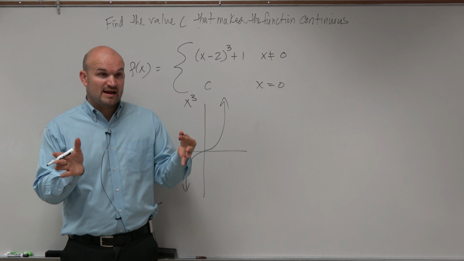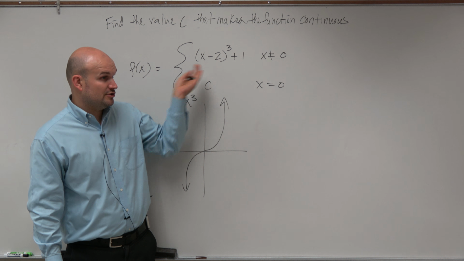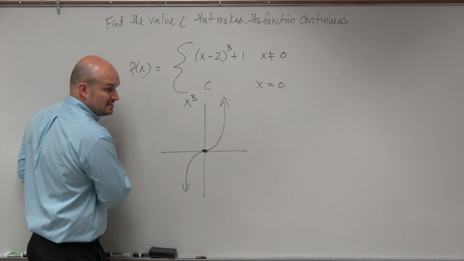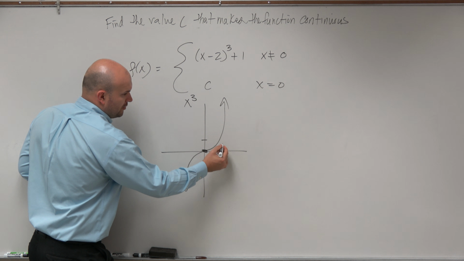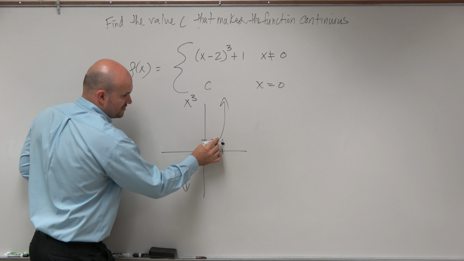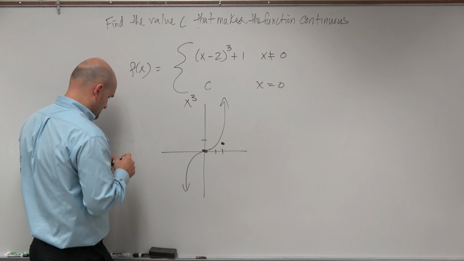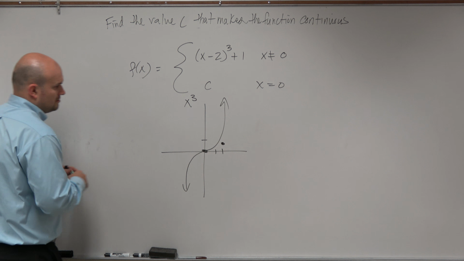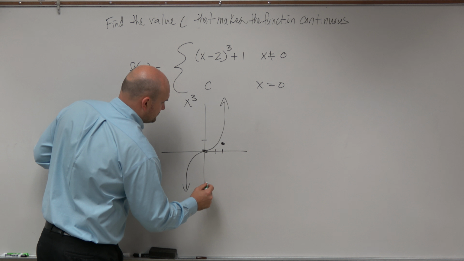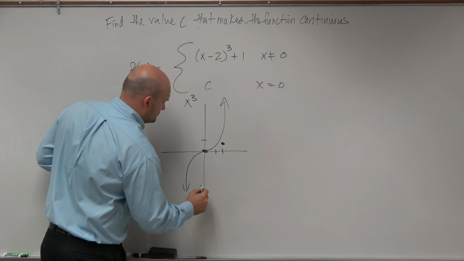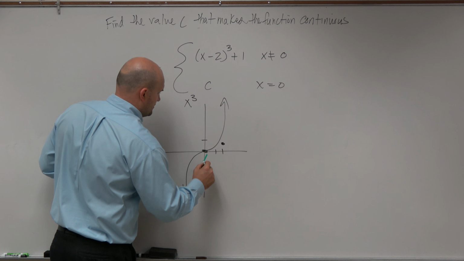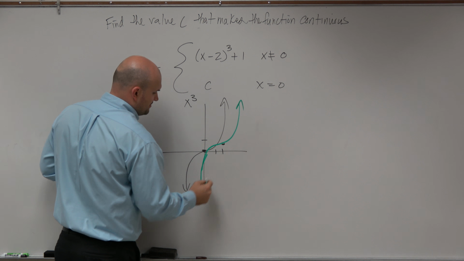Now, we have some transformations. The -2 is shifting it right 2, and the 1 is shifting it up 1. So you're basically taking where it crosses there and going over 2, up 1. This new point got transferred over here. So now I'll draw the graph something like that.